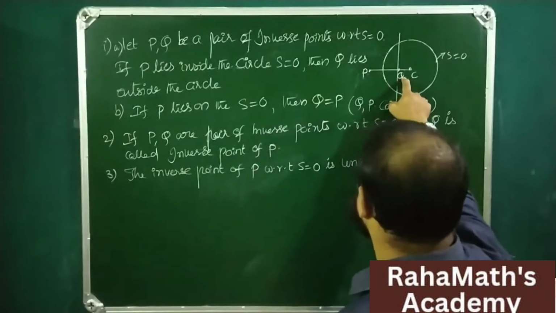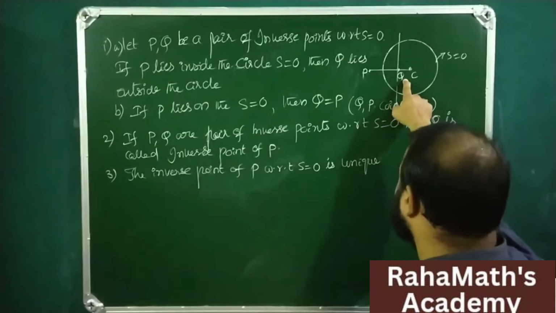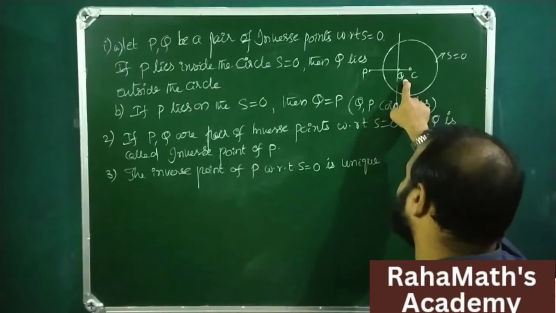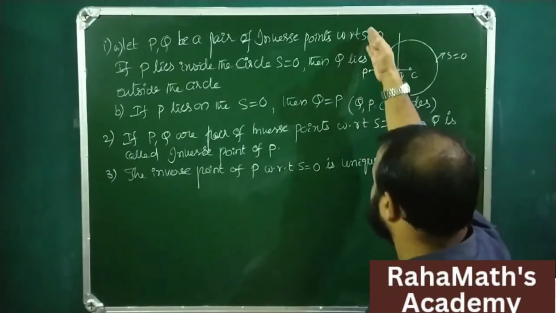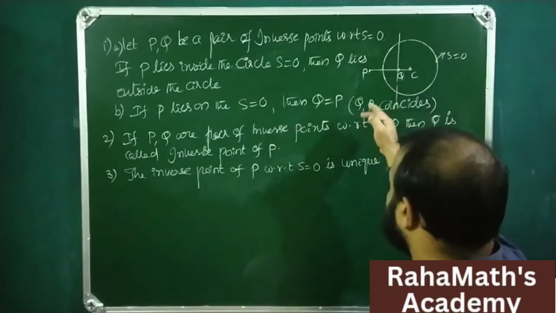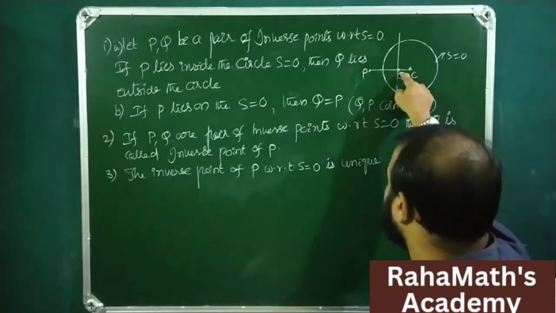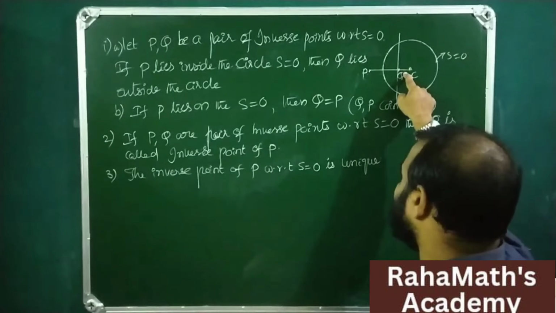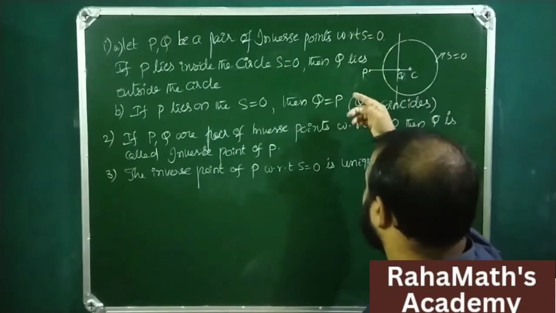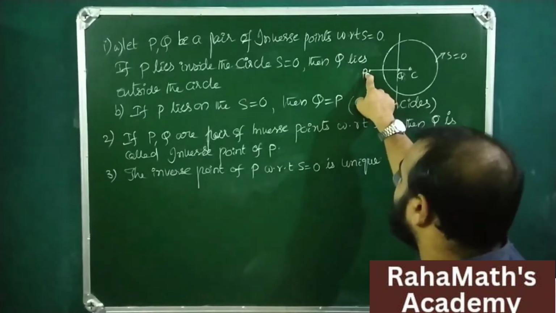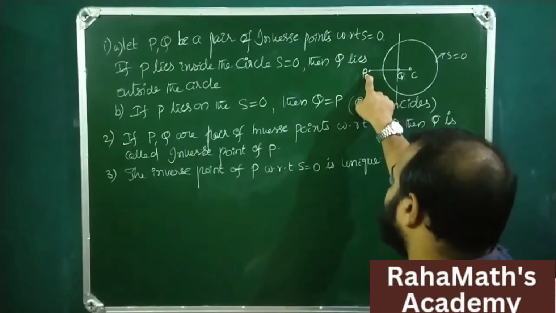Because if P lies inside the circle, the polar of P neither cuts nor intersects the circle. So the polar will be formed here if the point P lies inside the circle. So Q will lie there.